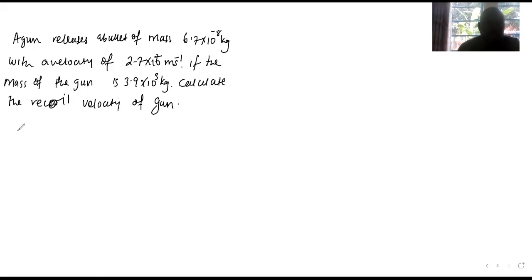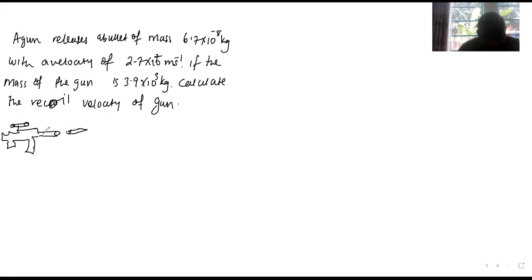So if you have a gun, I'm assuming this is our gun, maybe your AK-47, and you are releasing a bullet.